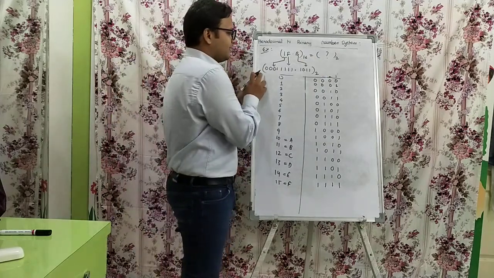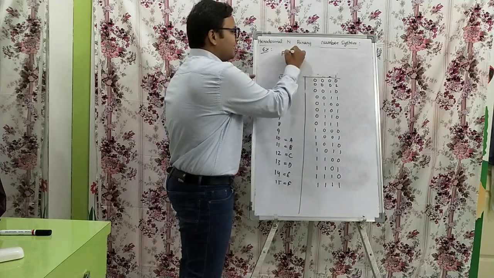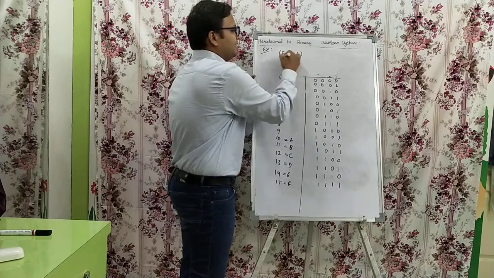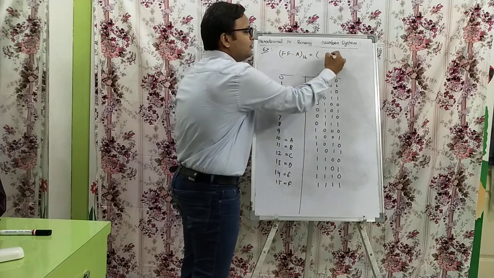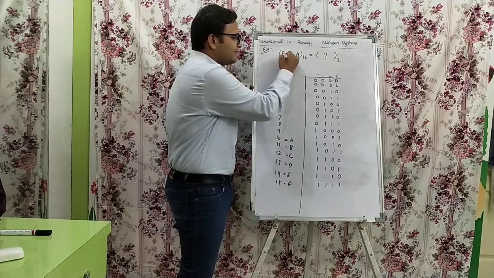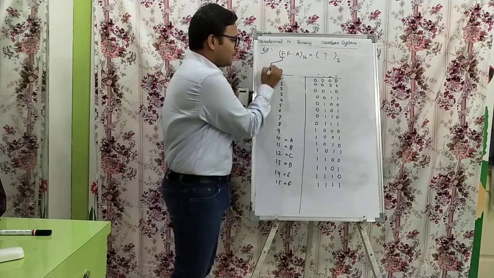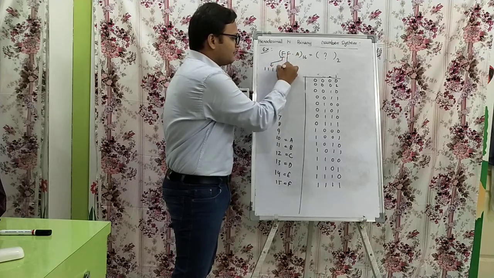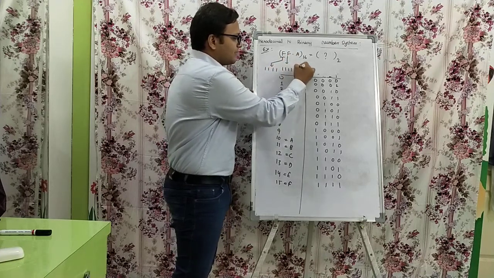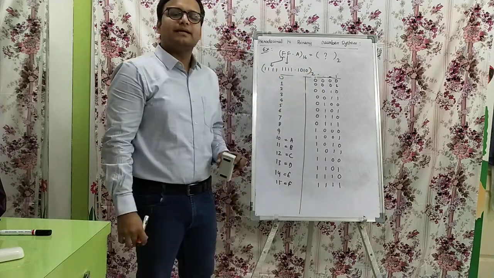Next, another example, let's say FA hexadecimal into binary. Each hexadecimal digit is converted into 4 binary bits: 1111, next 1111, dot A, 1010. So these are the equivalent binary bits.